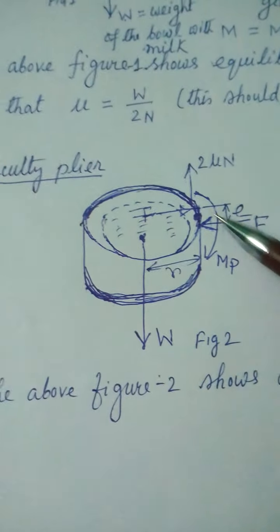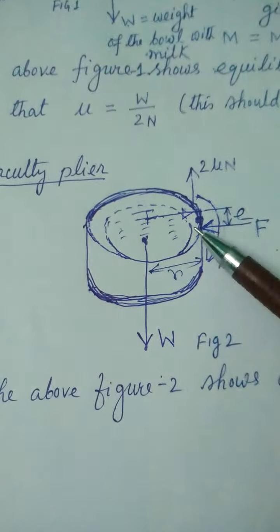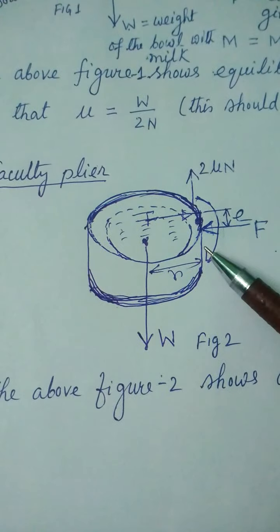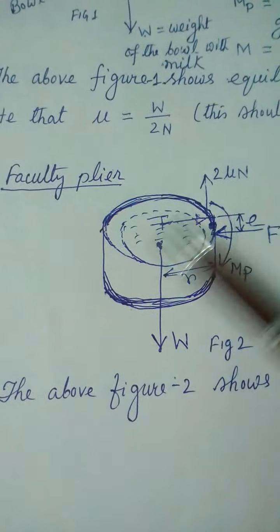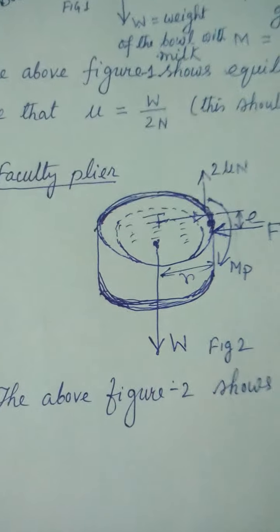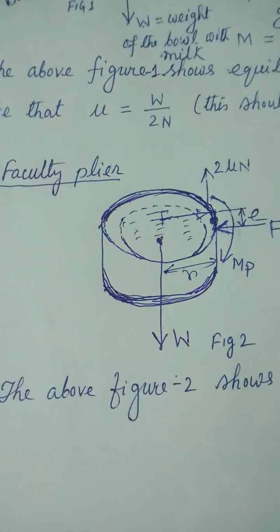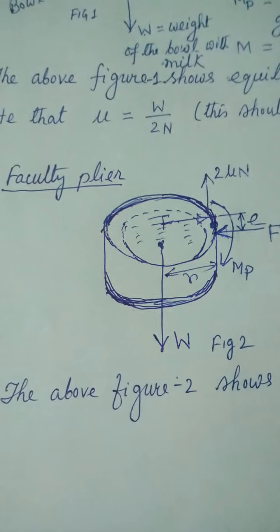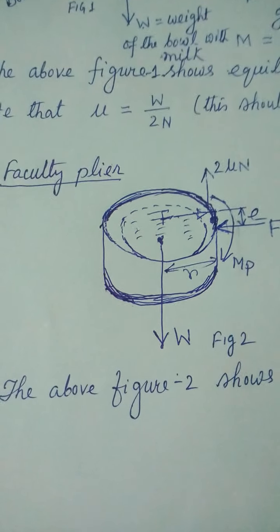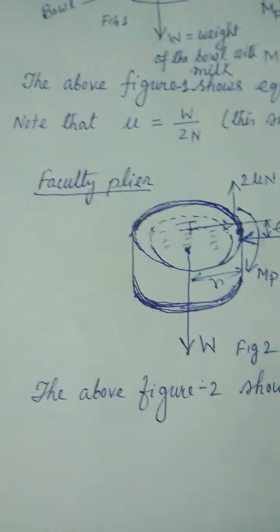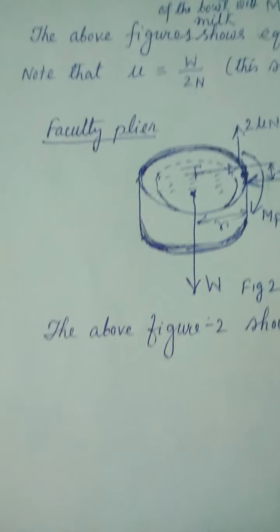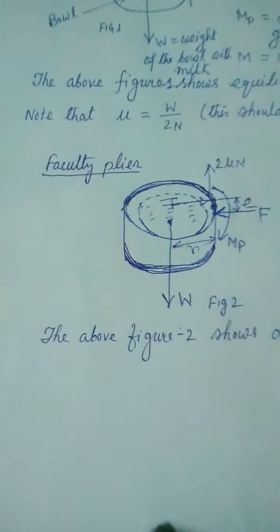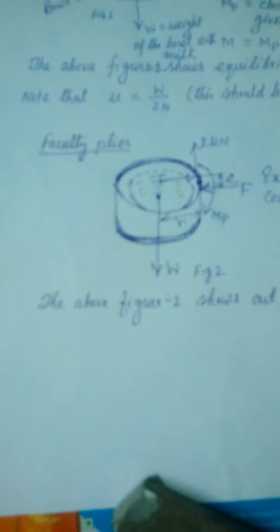This moment will cause the bowl to be tilted, and if it is tilted, the milk will come out and fall on your feet. So a dangerous thing may happen. So from the safety point of view, the plier should not be faulty.